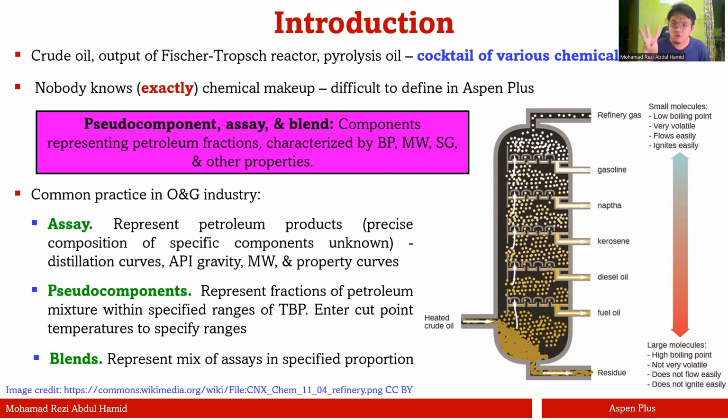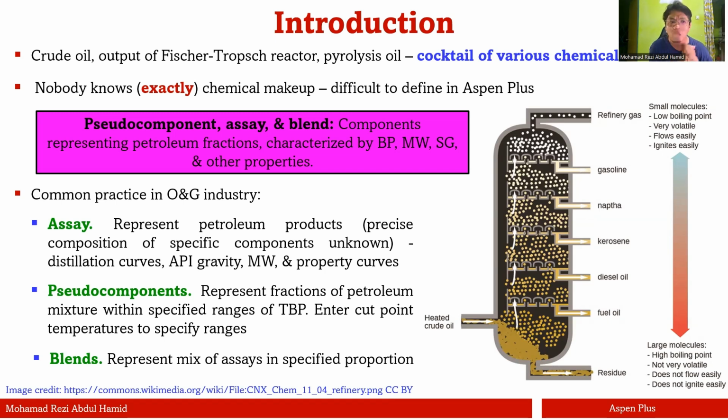Okay, there are three classes of component in Aspen Plus that you can use. The first one is assay. Basically, it represents a petroleum product where we don't know exactly what the chemical makeup is and how much it is in our crude oil or in our hydrocarbon mixture.